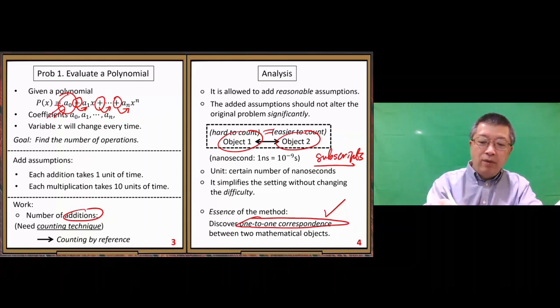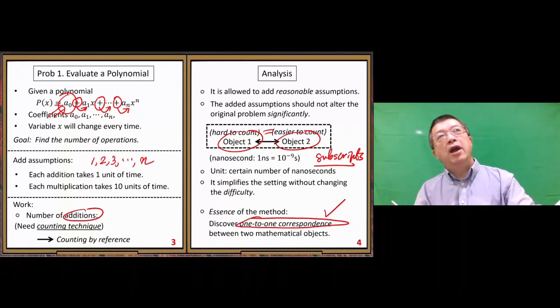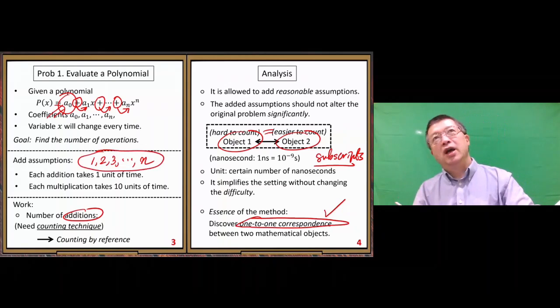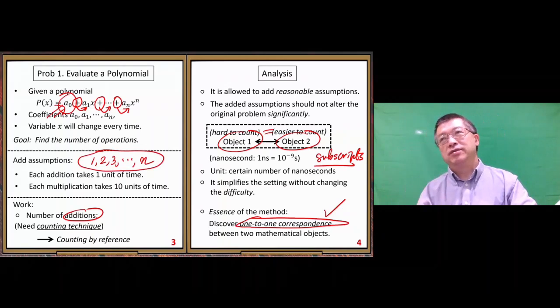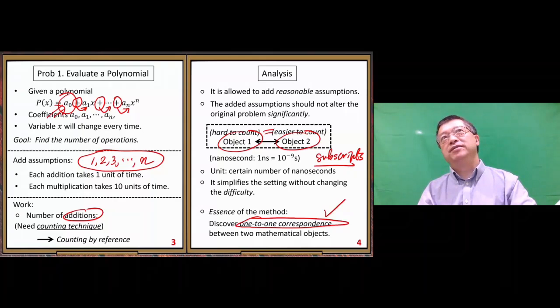Now we count the subscripts that correspond to the plus signs, from 1, 2, 3, all the way through n. How many elements are in this list? Is it much easier to count than counting the number of additions? That's the point of this method.